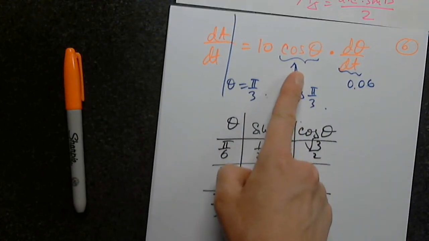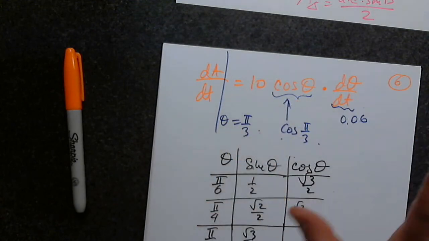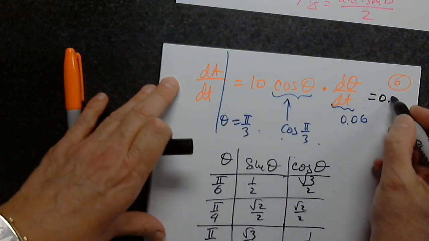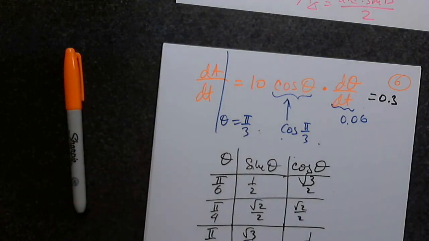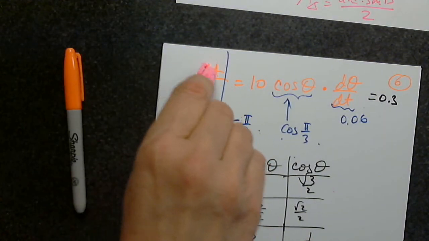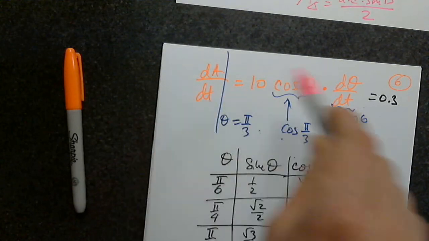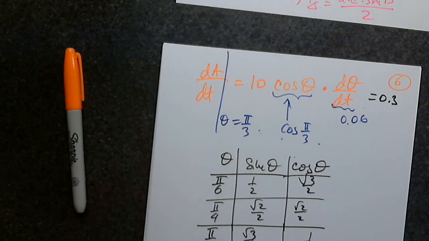So this is 1/2. 10 times 1/2 is 5. 5 times 0.06 is 0.3. Measurement unit. Before you say anything else, look at what this represents and what this represents, and you will figure out the measurement unit.